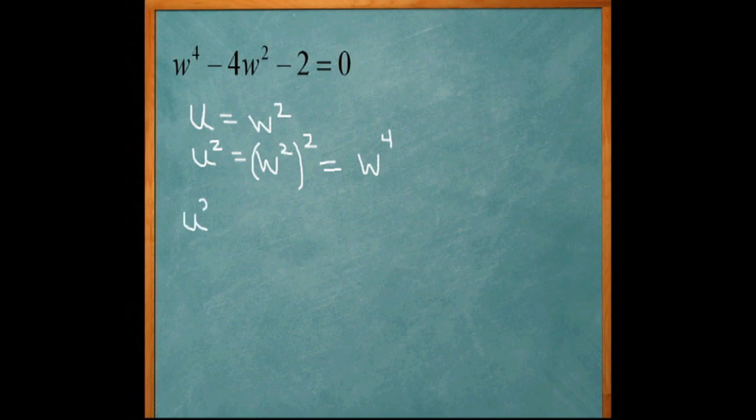All right, so if we rewrite that, it's going to be u squared minus 4u minus 2 equals 0. All right, so now it looks like a quadratic. Something to the second power, u to the second, u to the first, then a constant. Now we can use the quadratic formula.